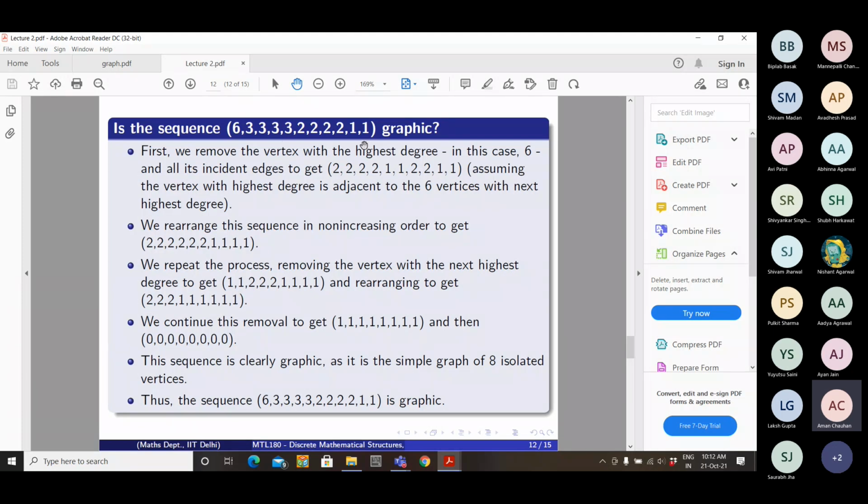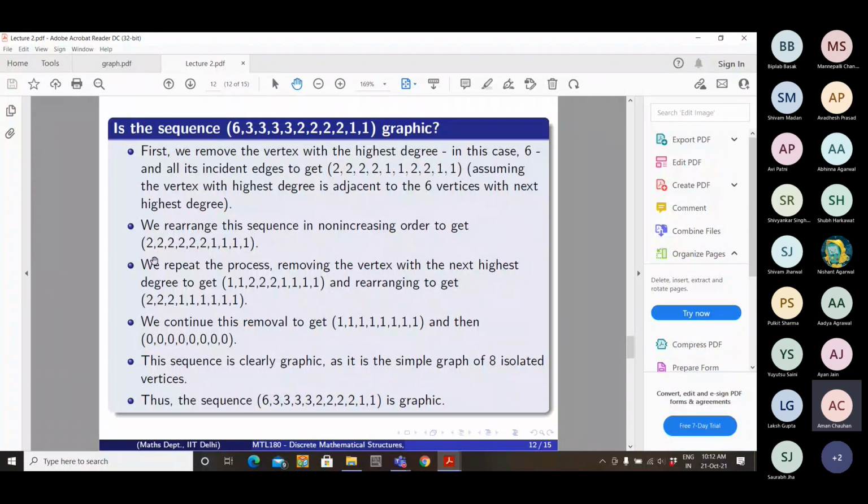This sequence is graphic. So is it clear? Means you just take this degree sequence and then keep applying the Havel-Hakimi theorem. At the first step, you have this sequence, means 3 minus 1, 3 minus 1, 3 minus 1, 3 minus 1, and again 2 minus 1, 2 minus 1. So you will get this sequence, and then rearrange this degree sequence in non-increasing order.